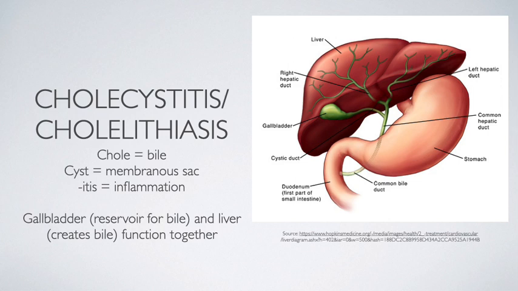So the liver creates that bile. It's then stored in the gallbladder as a reservoir, and then it's secreted into the small intestine upon digestion of food. So it's going to go in there and help break down the fats, the proteins, and the carbohydrates in the small intestine.